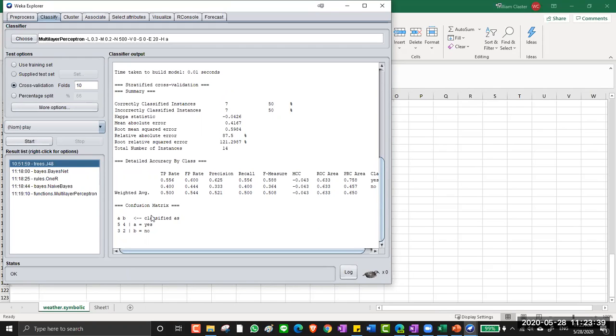Everyone understand that? Yes, Professor. So what does that mean? That's the test that we're using to classify. We're using J48 as a test to classify, are you yes or are you no, right? That's what we're doing.